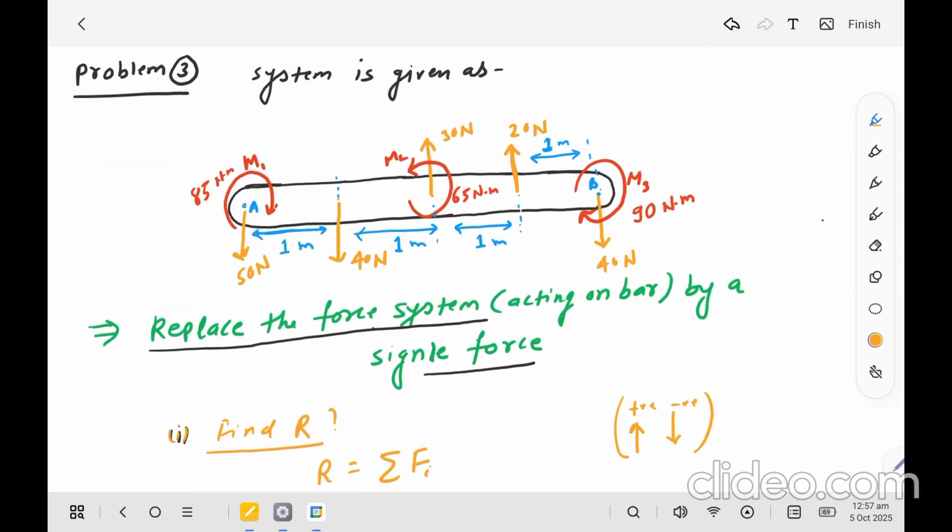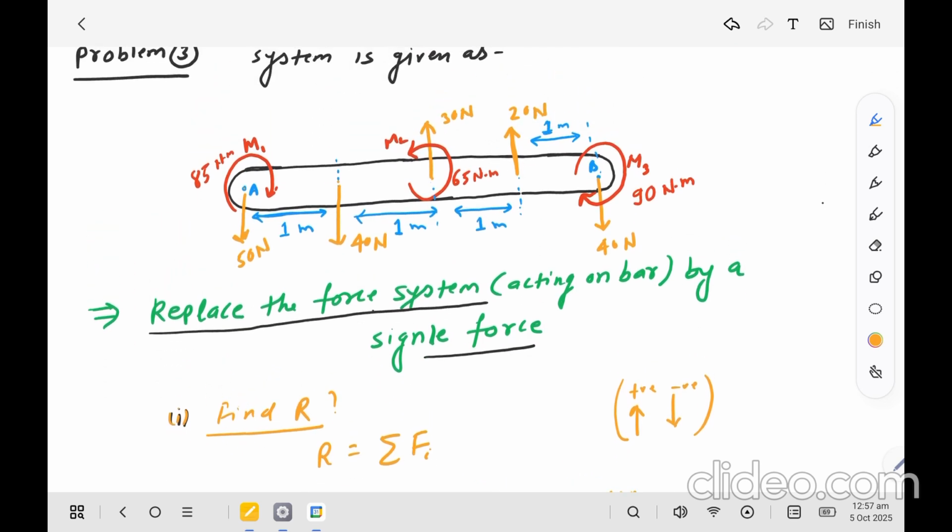So now we will find, this is already the moment of the couple and we will use only the sign value that is given. And we will also estimate the moments of all these parallel forces about point A. Okay, so in total we will get 5 moments from the 5 forces and 3 moments from the couple.